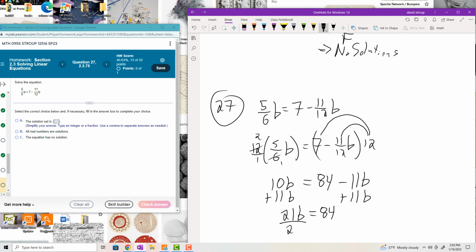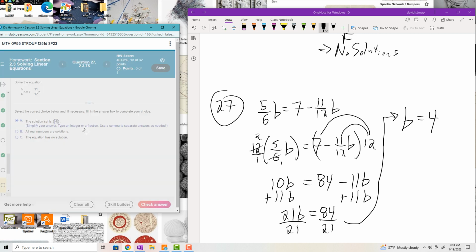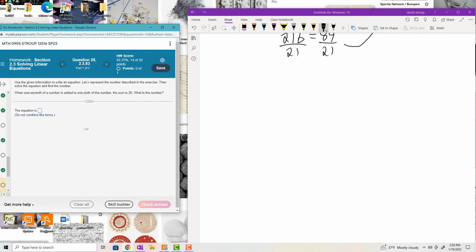And then finally divide by 21. So it looks like b is equal to 4. This is 4. Yay. All right.